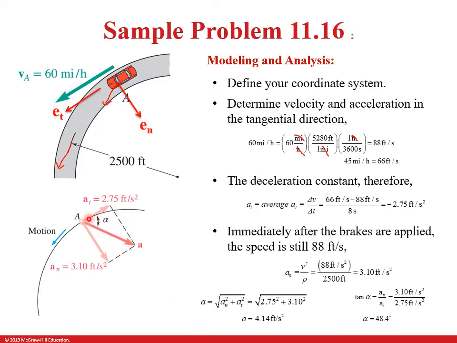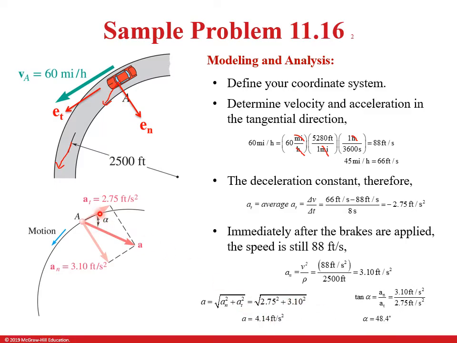It helps to draw these out to get a good understanding of where it is, because we know that we're decelerating, so we know that our tangential component of acceleration is in the negative direction here, and the normal component of acceleration is going to be towards the center of the curvature there, and just the combination of the two, Pythagorean theorem, however you want to look at it, it's in this direction here, and that's going to be 4.14 feet per second squared. You square it so there's no negatives, the negative doesn't matter.